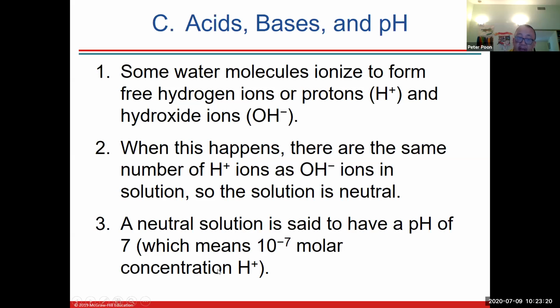By definition, a pH of 7 means there's 10 to the minus 7th molar concentration of H plus. pH is the negative log of the hydrogen ion concentration. In neutral water, that means there's also 10 to the minus 7th OH minus.